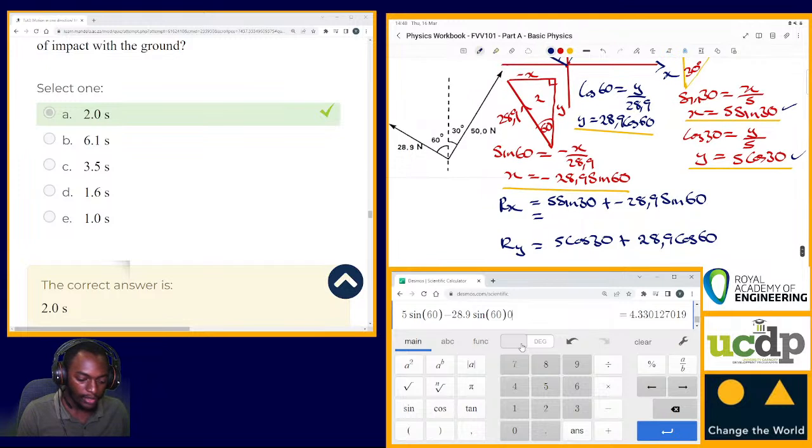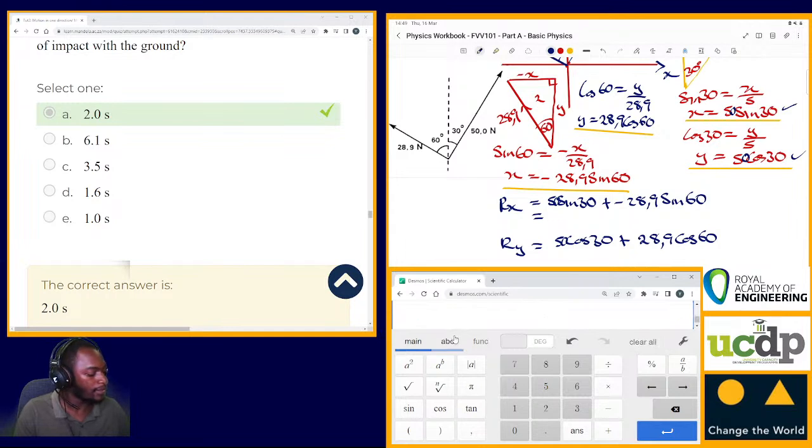Oh, right. I've been missing something. That should be 50, not 5. Sorry, guys. This is 50. So let me correct that. Let me just see if we will still get the same answer.